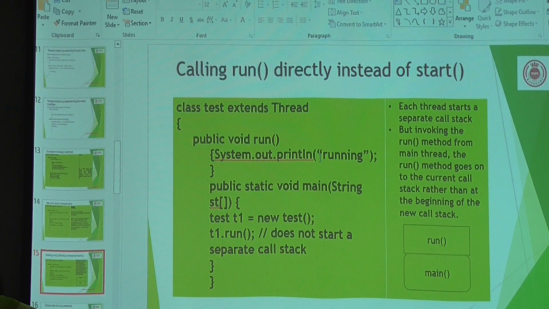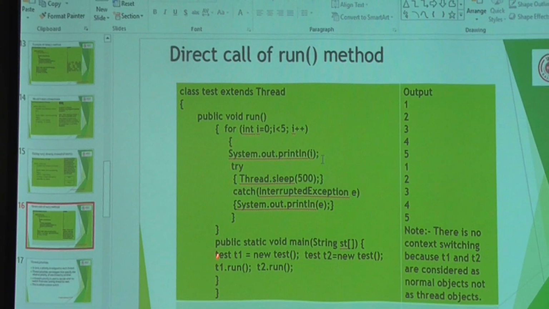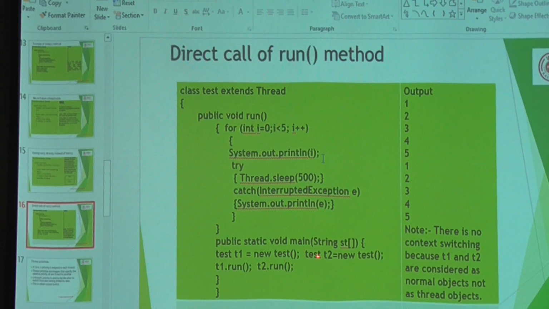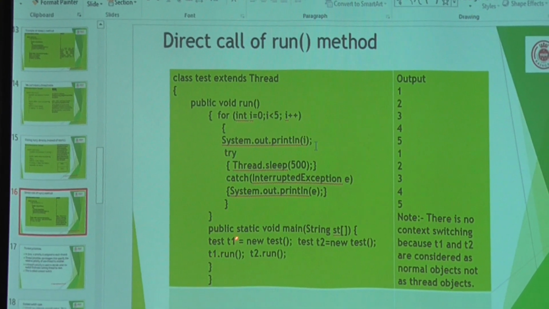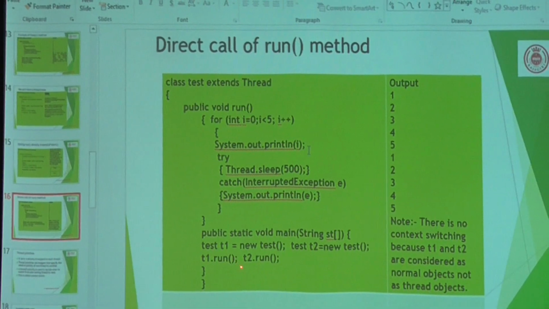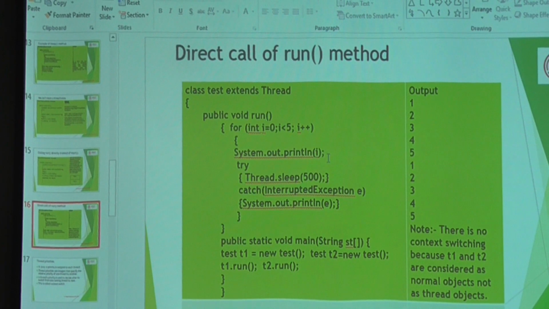So the problem is, take this case where I have two thread objects, T1 and T2. I have called T1 dot run, T2 dot run. In this case, both T1 and T2 will not be considered as thread objects, but they will be considered as normal objects.